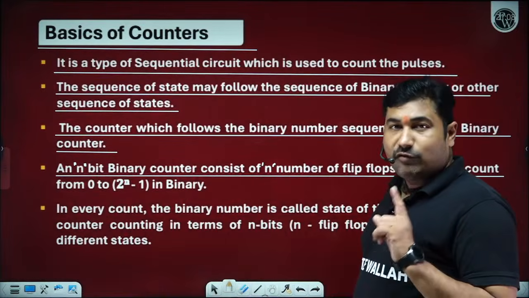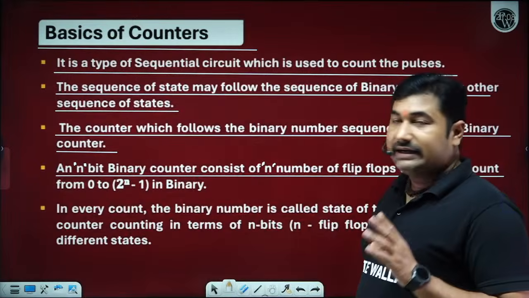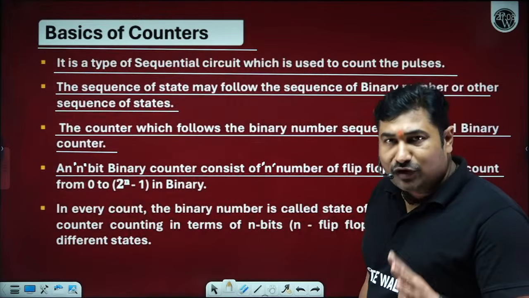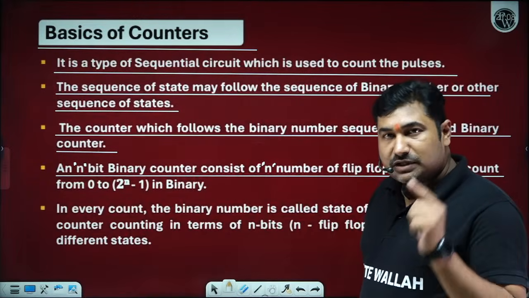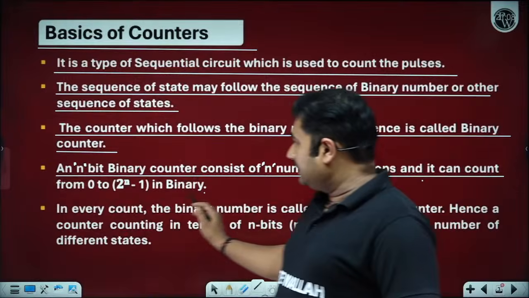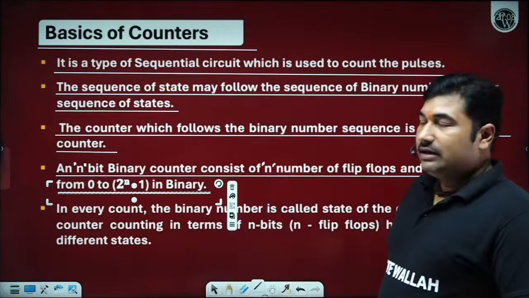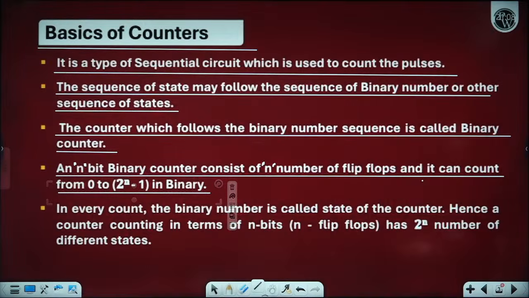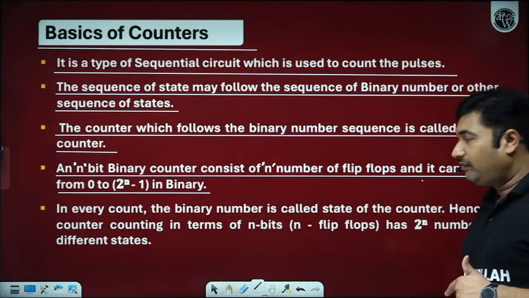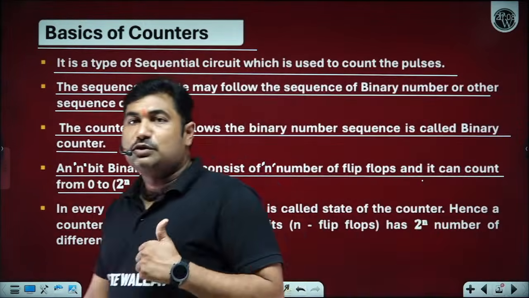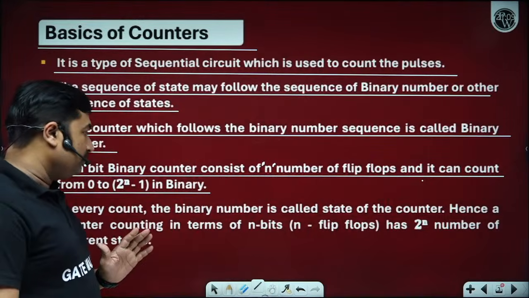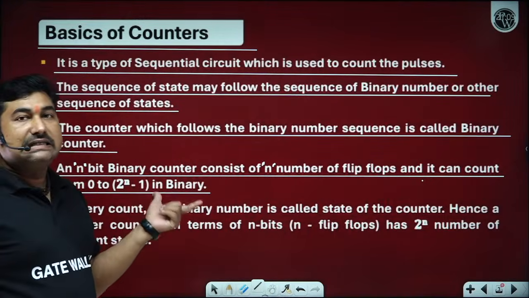Suppose we have a 4-bit binary counter, then it contains 4 flip-flops and it counts from 0 to 15. In the same way, an n-bit binary counter consists of n flip-flops and it counts from 0 to 2 to the power n minus 1. We all know about the range of unsigned numbers.